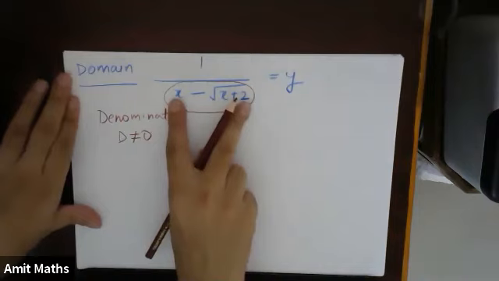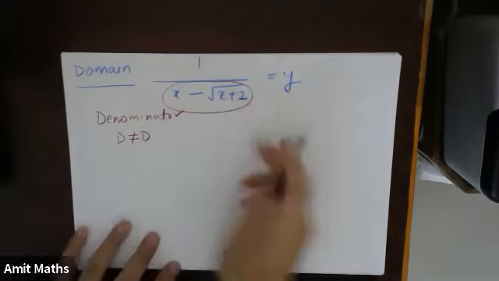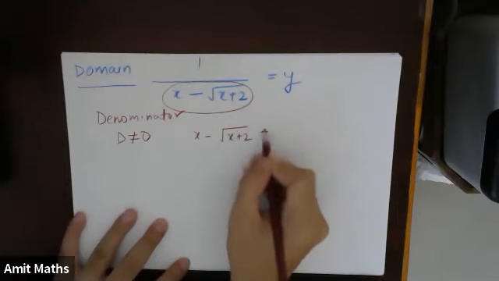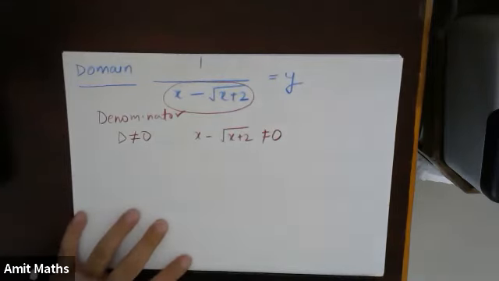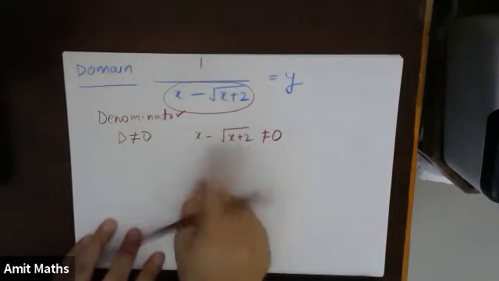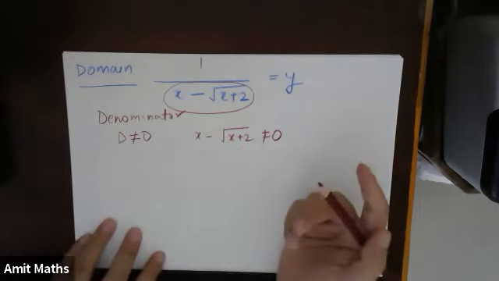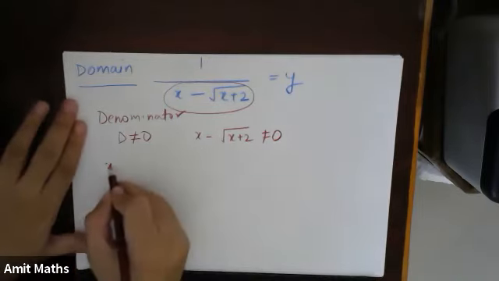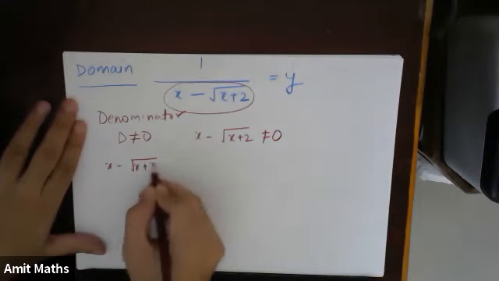So x minus root of x plus 2 should not be equal to 0. That means I have to find when this is 0 and remove those values of x. So x minus root of x plus 2 equal to 0.